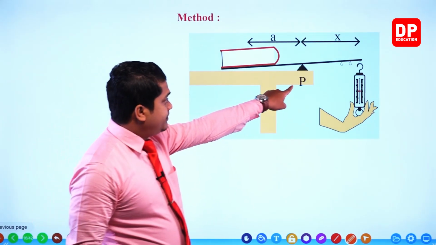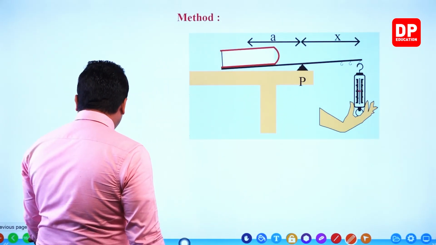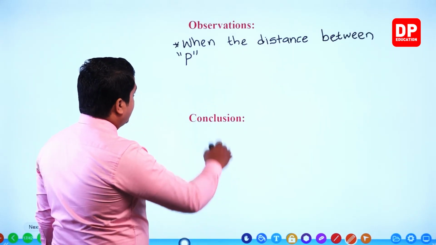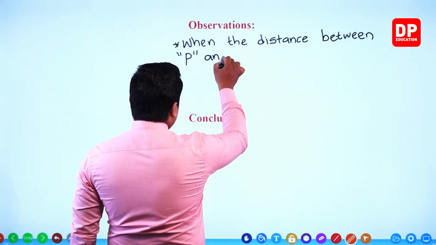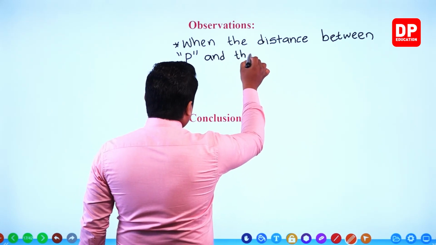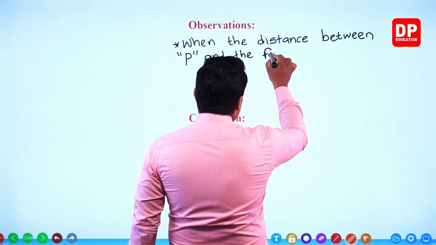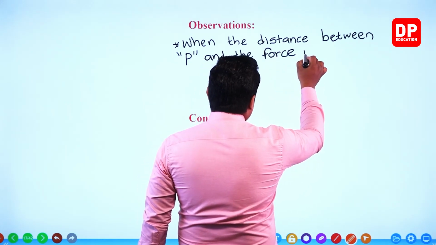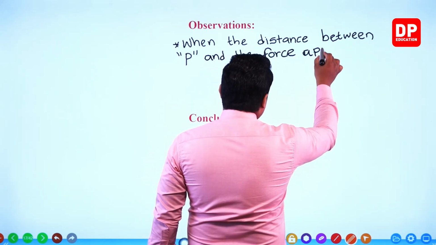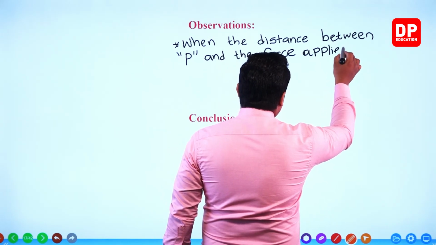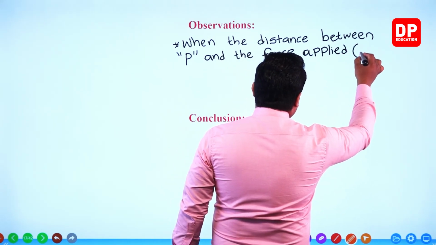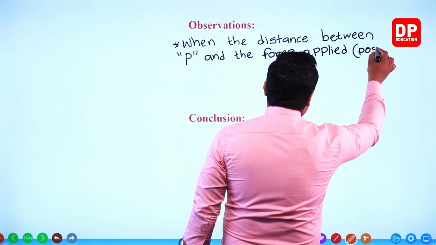See over here, P is the wedged point. When the distance between P and the force applied, I'll mention as position.